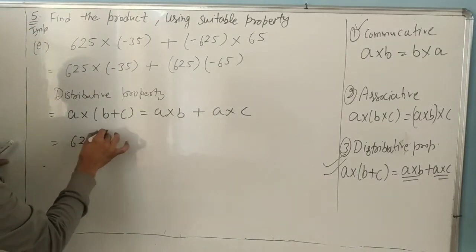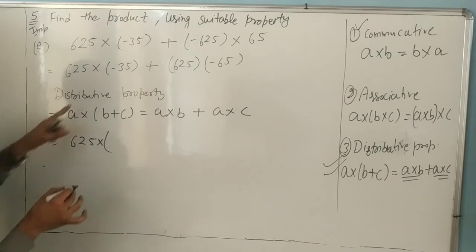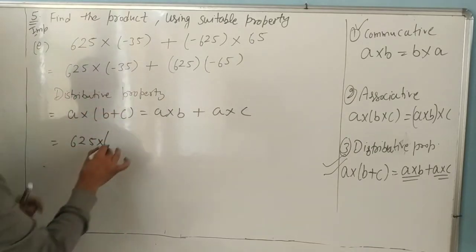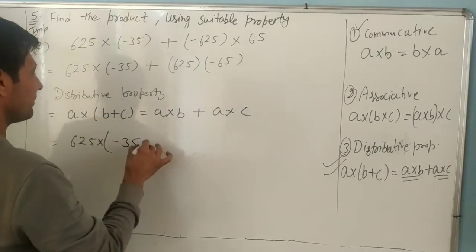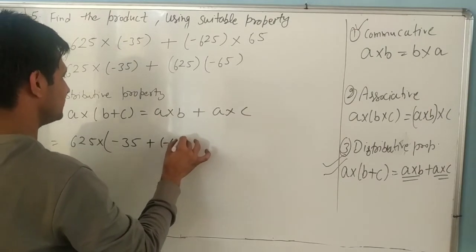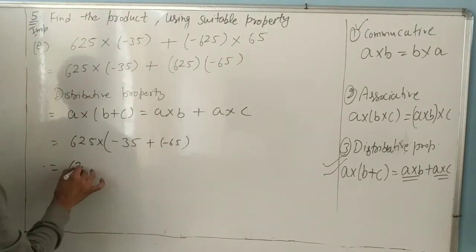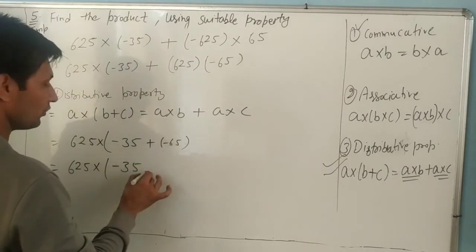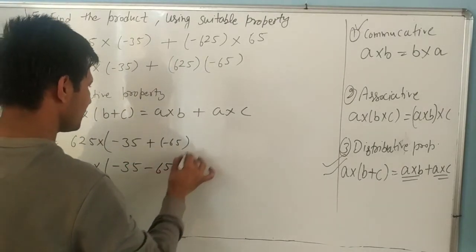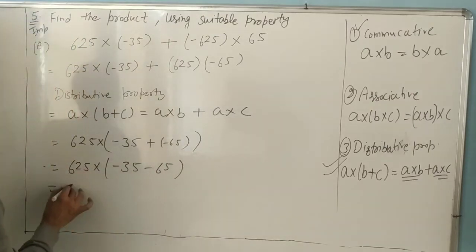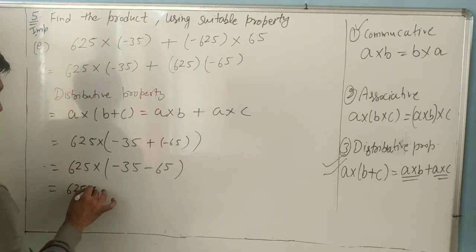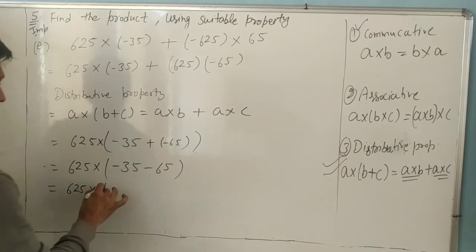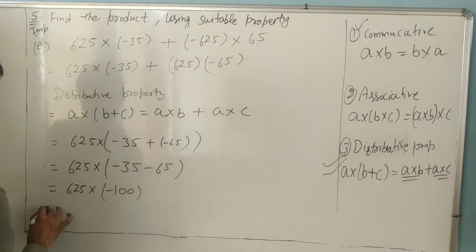Common is 625. Multiply by B plus C, minus 35 plus minus 65, dear. So 625 into minus 35, positive into negative, negative. Now 625 into how much? It is minus 100. Positive into negative, again negative.